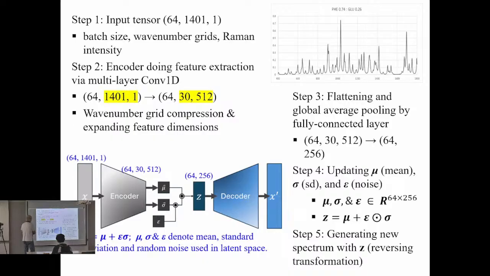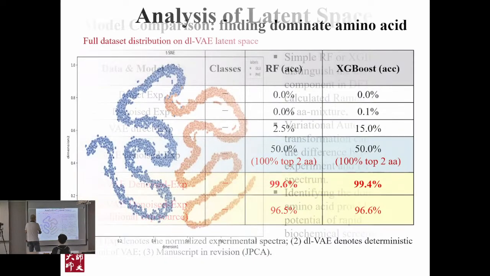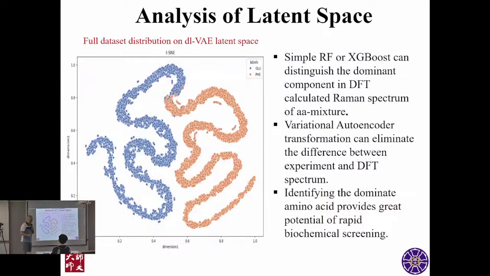Okay. So when we do this, we can have almost 100% of prediction as the original one. So now my colleague gives me any combination of amino acids, we fit it into this transformation, and we can tell what's the dominant amino acid in this mixture. I think this is a huge application for the biomedical probe. Okay, and it just needs random forest. You don't need a neural net. Okay, of course you need some transformation anyway. Okay, yeah. So we analyze the latent space.